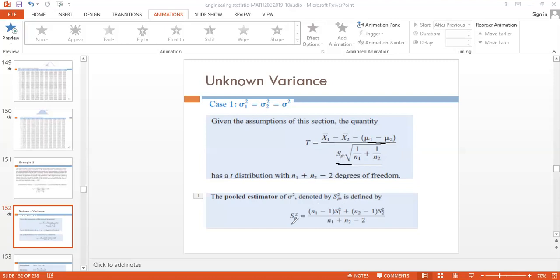Sp squared is n1 minus 1 times the variance for population 1, plus n2 minus 1 times the variance for population 2, over n1 plus n2 minus 2, which is also the degrees of freedom when reading the t distribution.